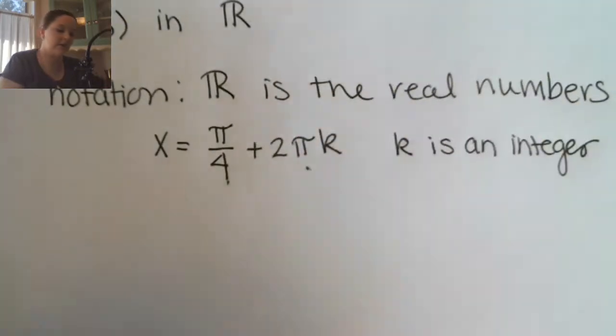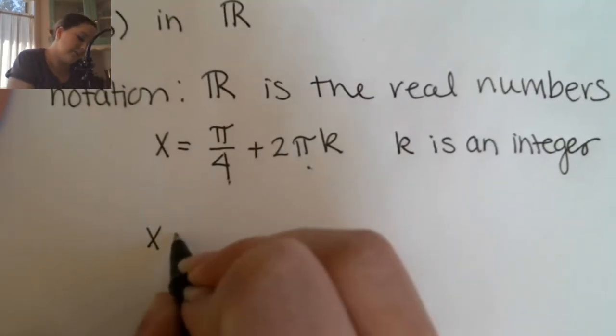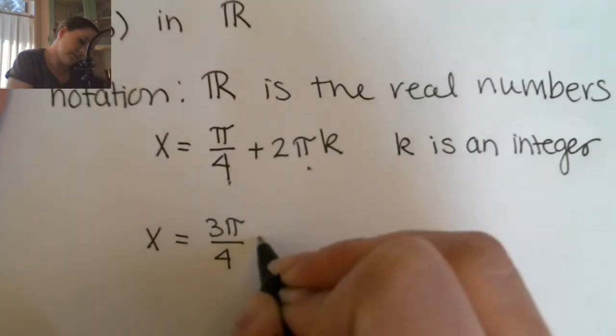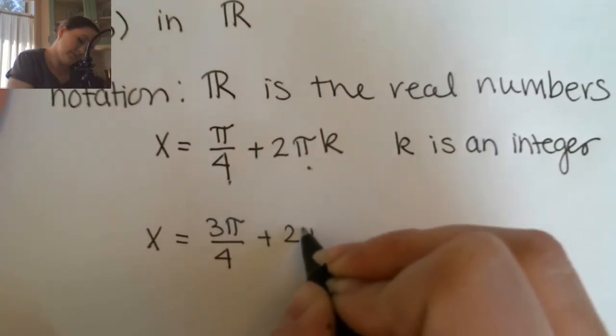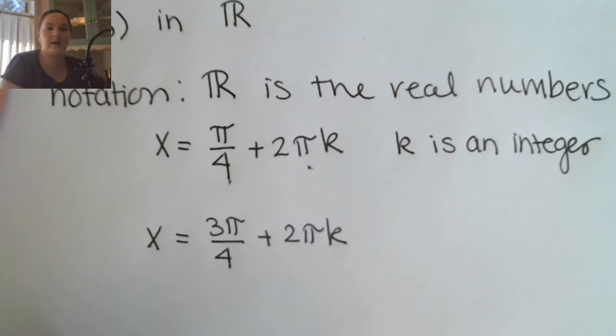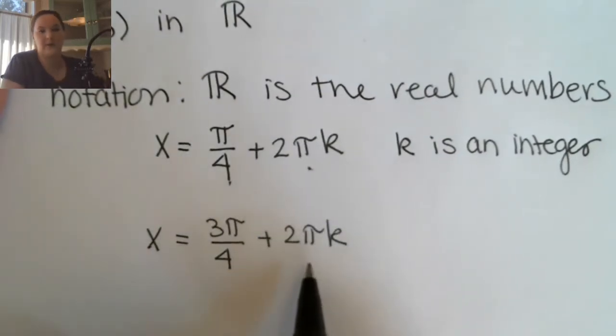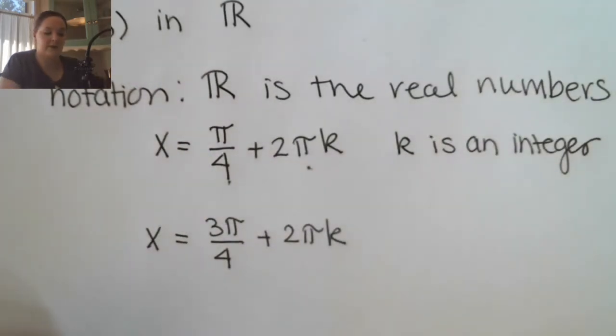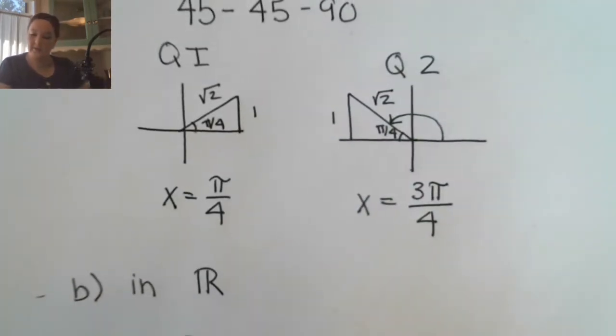We're going to do that for our other solution as well, the solution that we got, and then you allow any coterminal angles. All right, so let's do another example.